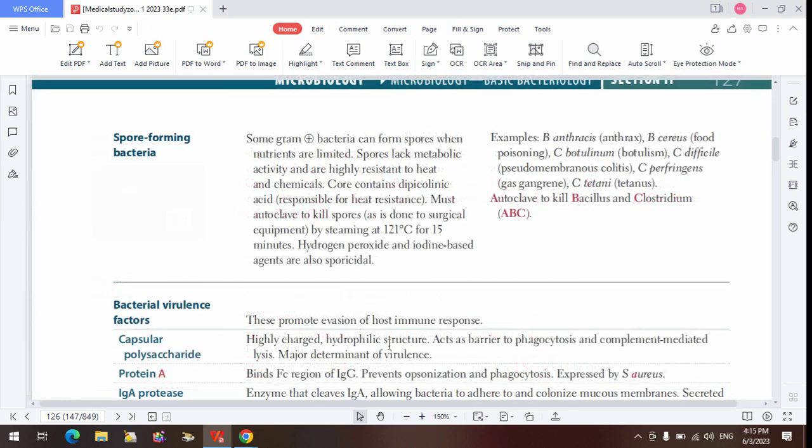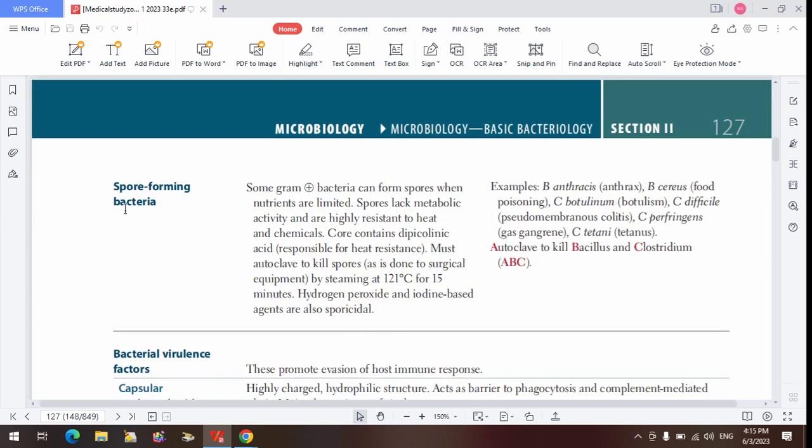Okay, so the spore forming bacteria. We already mentioned this, the Bs and the Cs. Those are the spore forming bacteria. They form spores in response to harsh environmental conditions. Maybe there's no water, there's too much heat, and they need to reduce their metabolism. So they just assume this spore form and settle down wherever they are, maybe in the soil, and they are metabolically inactive.